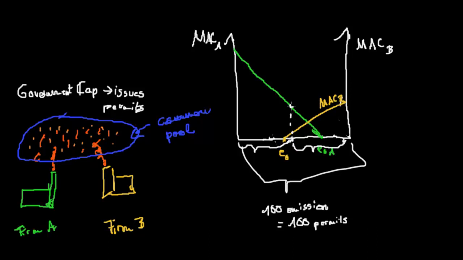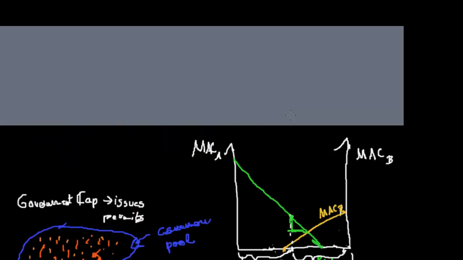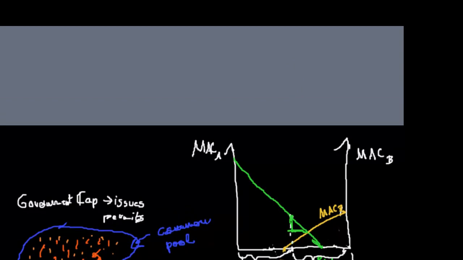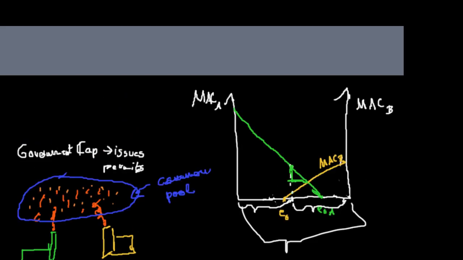Like, there's a difference between the costs of abatement for firm A, which are up here, and for the cost of abatement of firm B. And what they want actually to achieve is that both firms face exactly the same cost of reducing their emissions, so that both firms, sorry about this, we are back on the picture.